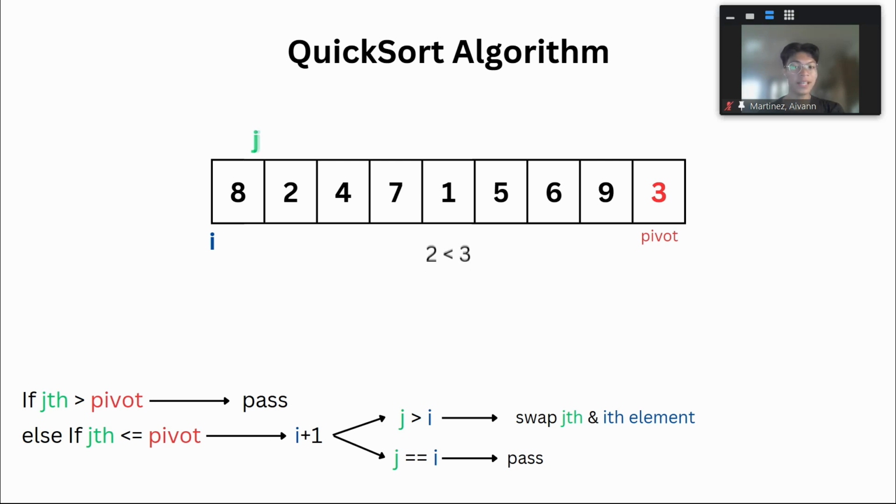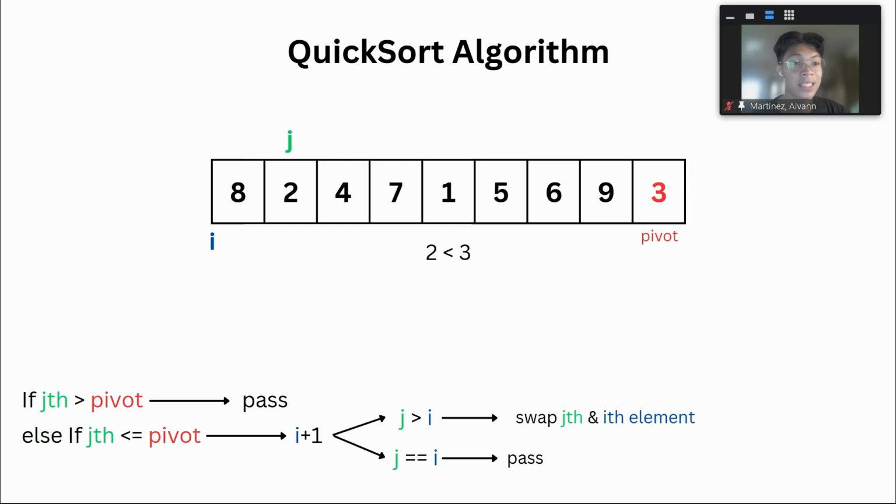So iterating j, we now have j equal to 1, because the indexing in our array starts from 0. So our jth element now is equal to 2. So again, we have to ask, is our jth element, which is 2, greater than our pivot element, which is 3? Which is false.